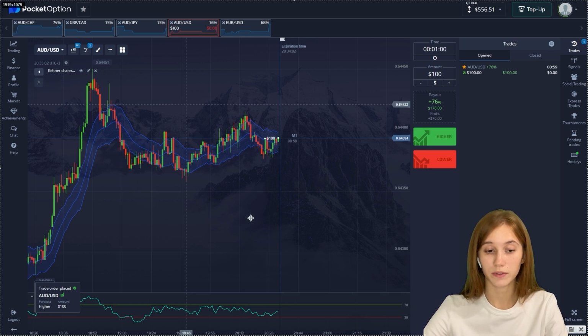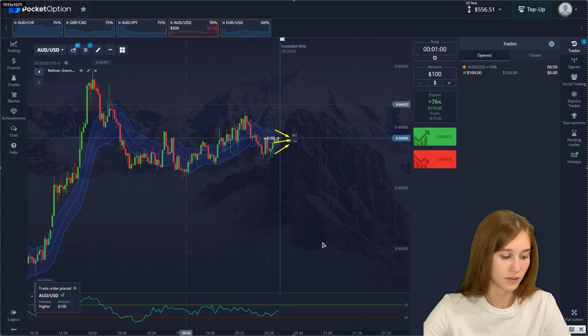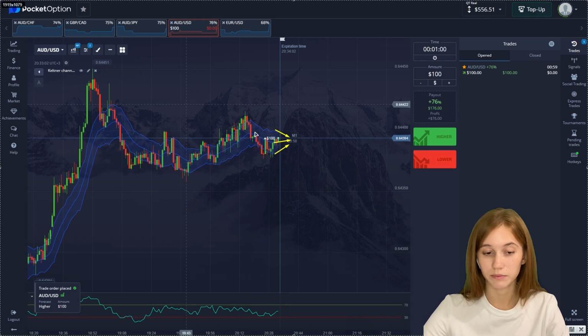We see growth, up positions. It's a good signal. By Keltner, we see that we also have upper positions, like this position, up lines. It's a good signal.